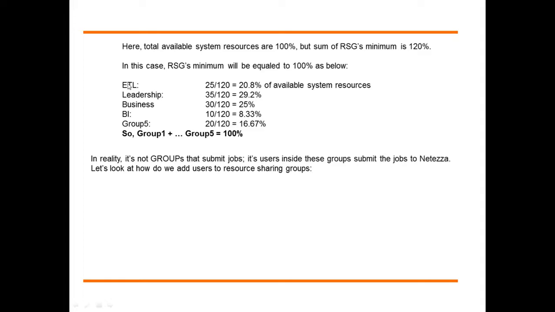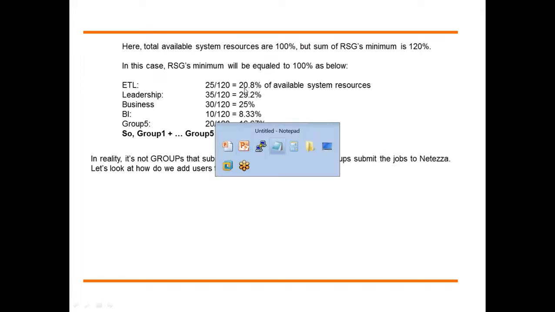But now comes the question. I say that ETL shares 25% or 20.8% of resources. What if we are submitting the jobs? You logged in and I logged in. Do we each get 20.8, or are we going to share only 20.8 between both of us? Well, this is what I'm saying.